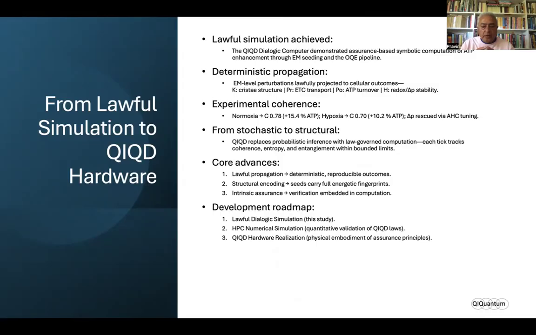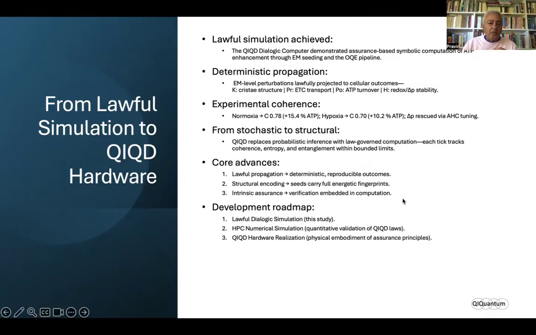And future developmental roadmap, we move from a lawful dialogic simulation, which is what this study looked at, to perhaps in a couple of years, HPC numerical simulation. So that's high performance computing. And then subsequently, perhaps 5 years down the line, it's QIQD hardware realization.